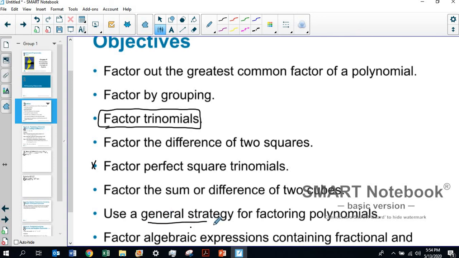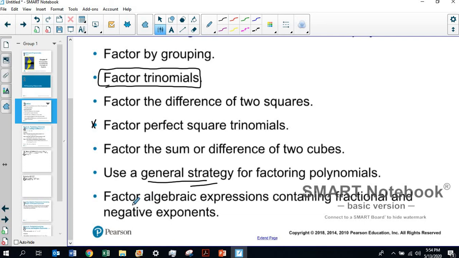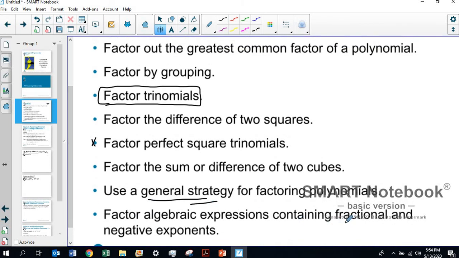And we'll talk about a general strategy for factoring polynomials. We'll also talk about factoring algebraic expressions that have fractional or negative exponents. They're not polynomials by definition, but you can use the same principles of polynomial factoring for other types of factoring, and I'll show you what that looks like here at the end of the video.